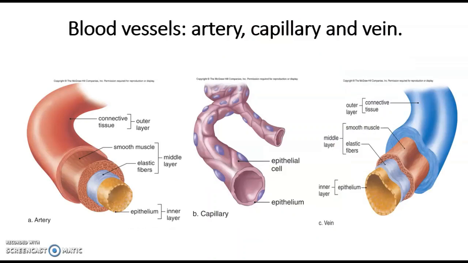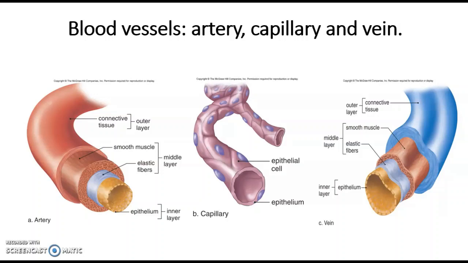Now we shall move our attention to the different types of blood vessels. There are three kinds of blood vessels, which we call arteries, veins, and capillaries. Each of these plays a very specific role in the circulation process. Arteries carry oxygenated blood away from the heart.